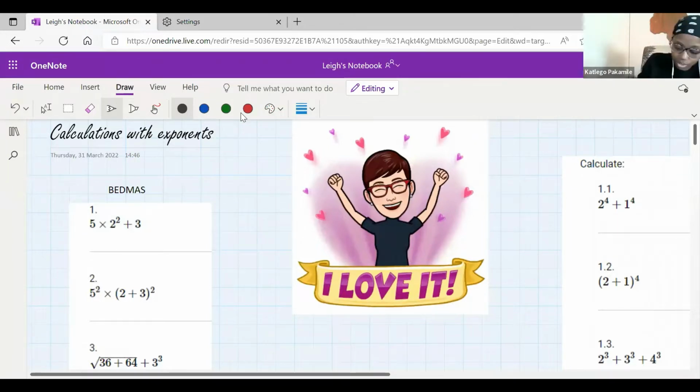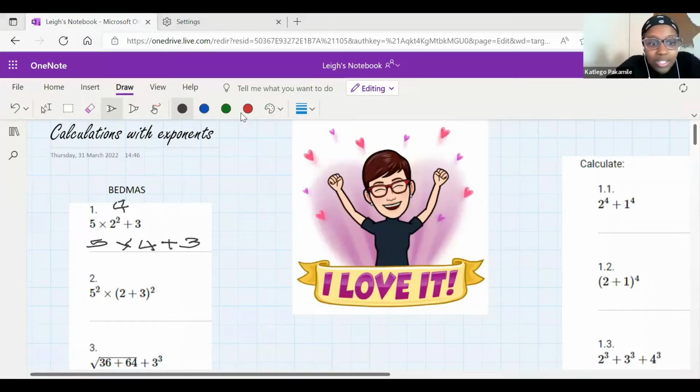Okay, so what is 2 to the power of 2? 2 times 2. Which is? 4. Okay, so now we have 5 multiplied by 4 plus 3, right? Okay, let's give someone else a chance. What happens after we do exponents?